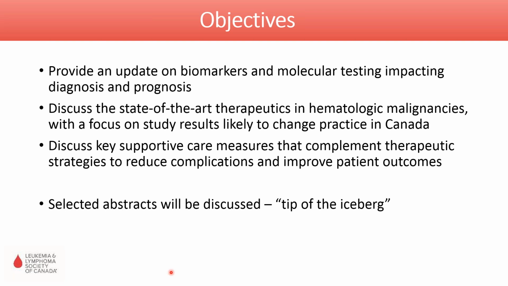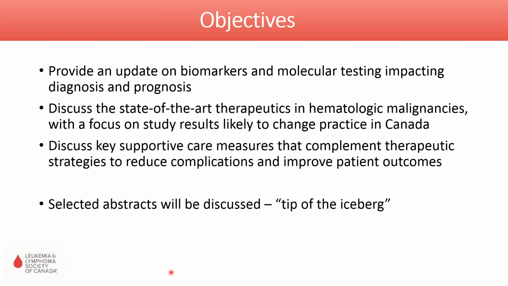The bulk of the talk is going to be about the treatment, so the state-of-the-art therapeutics in hematological malignancies, and I focused on things that would likely change practice in Canada. And then lastly, I have a couple of abstracts talking about some other supportive care measures that complement these therapeutic strategies, really to improve patient outcomes and decrease the risk of complications.